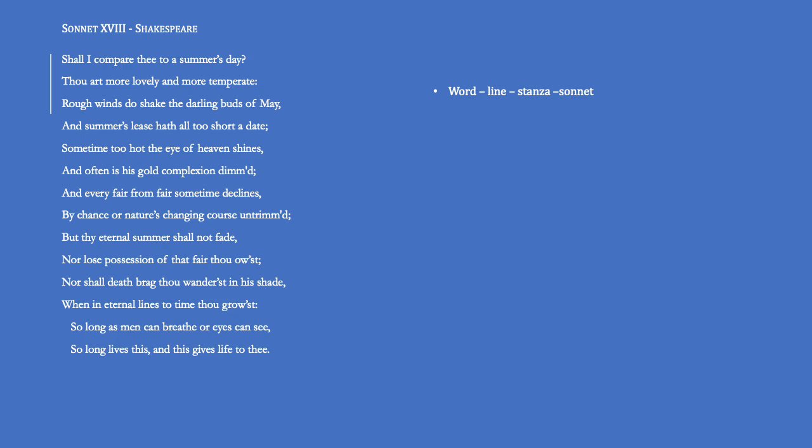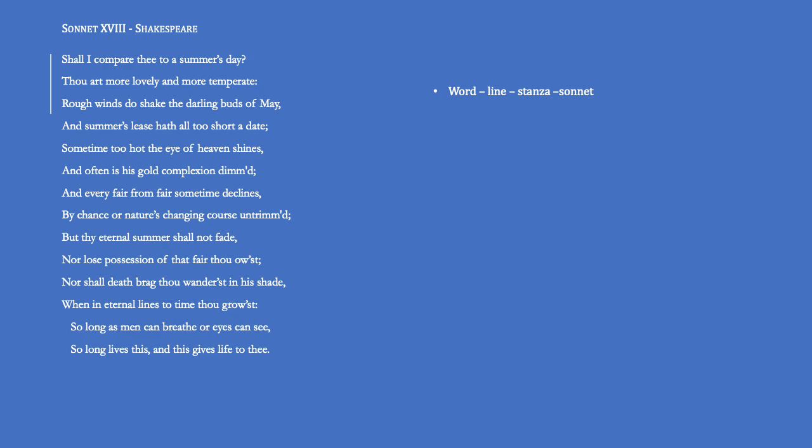Shall I compare thee to a summer's day? Thou art more lovely and more temperate. Rough winds do shake the darling buds of May. It's trying awfully hard to get into iambs, and there are 5 of them per line, so we've got iambic pentameter.